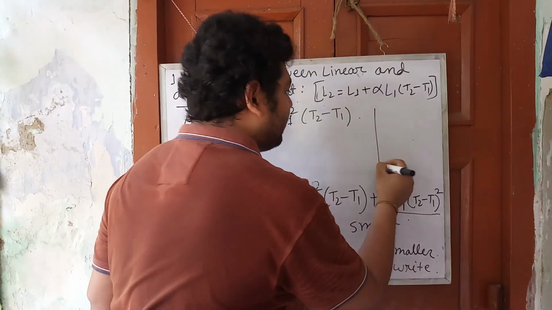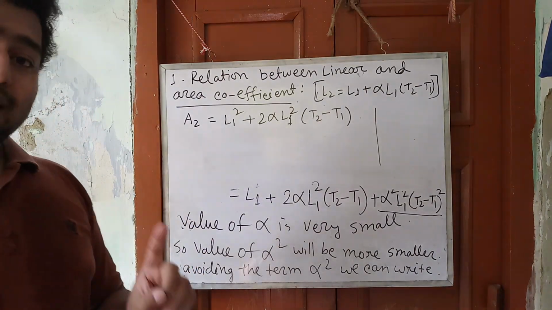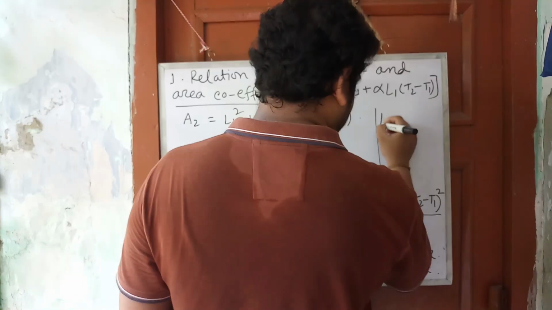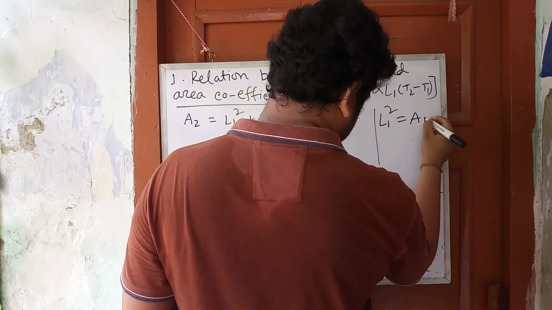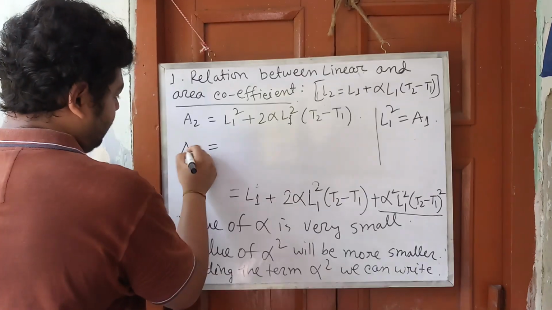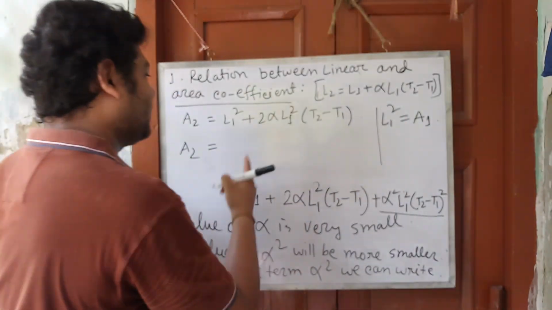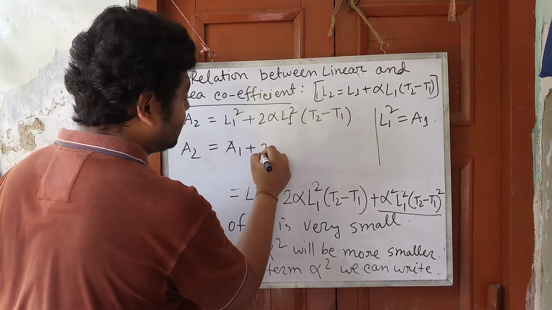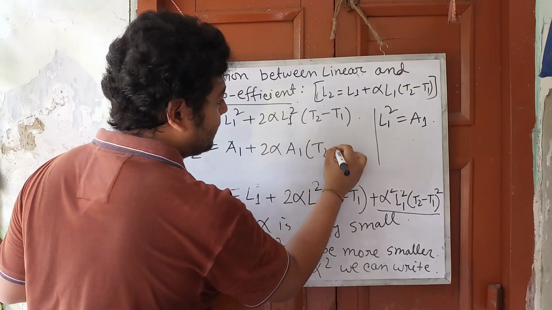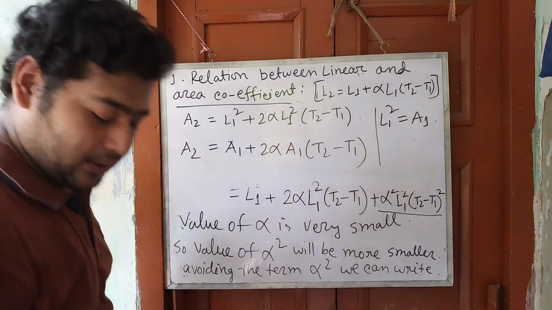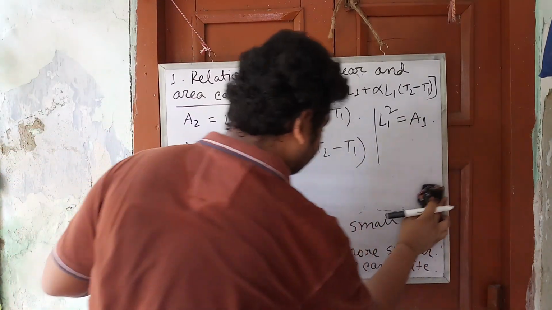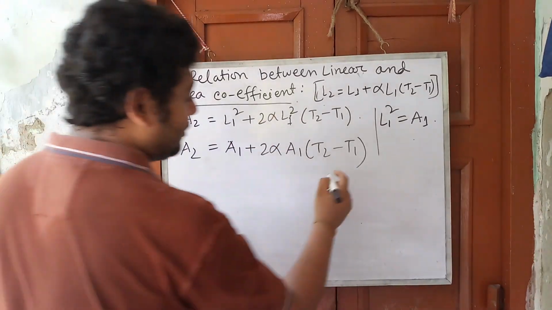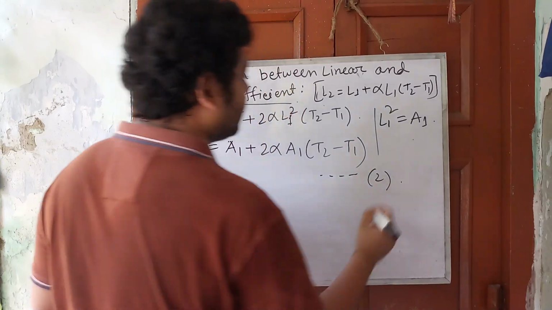Again, we know that the area is the multiplication of two lengths, so we get L1 square as A1. Putting this into this equation, we get A1 plus twice alpha A1 T2 minus T1. We denote it as equation 2.